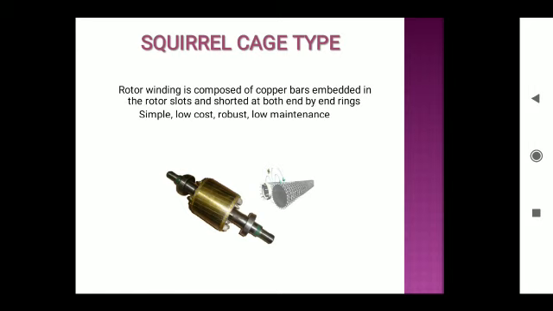The conductors and the end rings form a cage like the type which was once commonly used for keeping squirrels. Hence its name, a cage rotor, which is shown below.